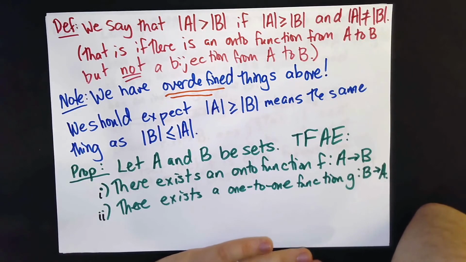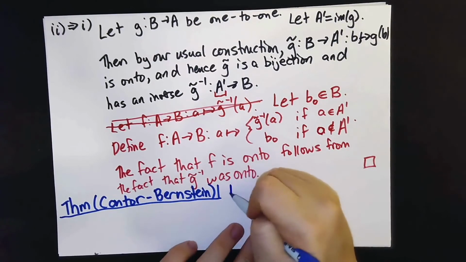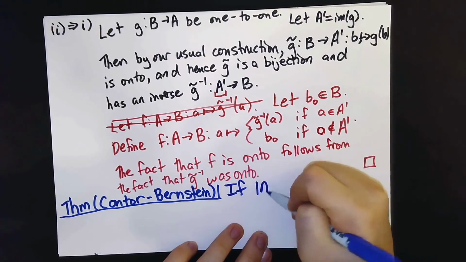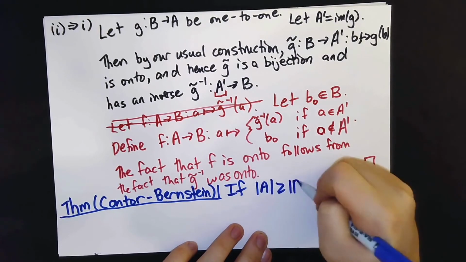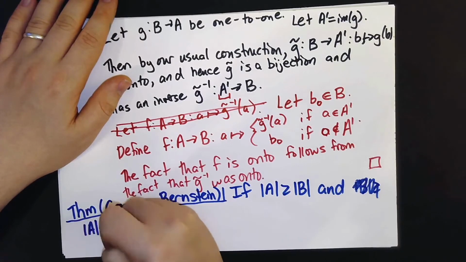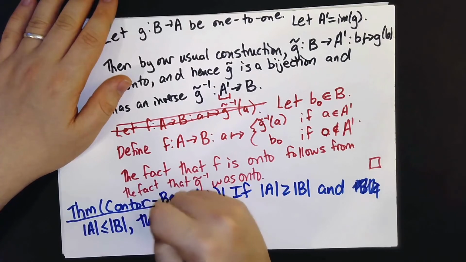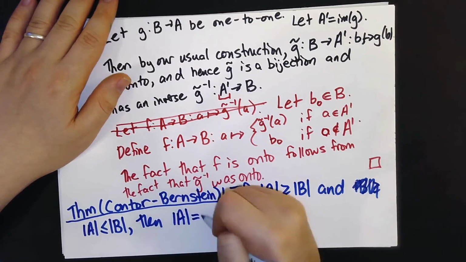And this result, by the way, the fact that what I'm about to write is true, is called the Cantor-Bernstein theorem. And so what it really says is if the size of A is greater than or equal to the size of B, and the size of A is also less than or equal to the size of B, then in fact the size of A is equal to the size of B.